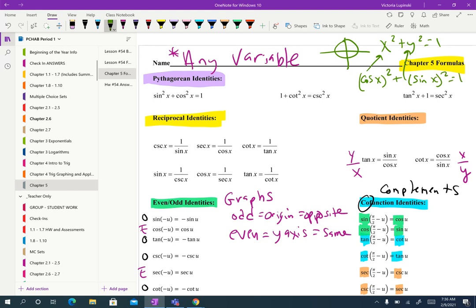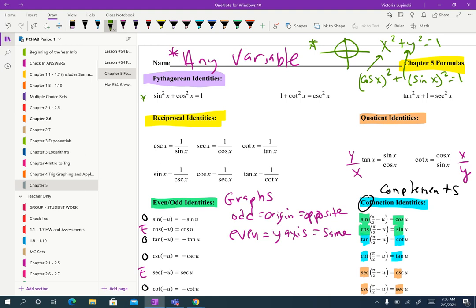So if you were to square a cosine, you would get a cosine squared. If you were to square a sine, you would get a sine squared. That's how you're able to find our first identity here, which is sine squared plus cosine squared equal to 1. Again, it comes from the equation for a circle, replacing the x with a cosine, the y with a sine, and then just inverting the order. So sine squared plus cosine squared equals 1.